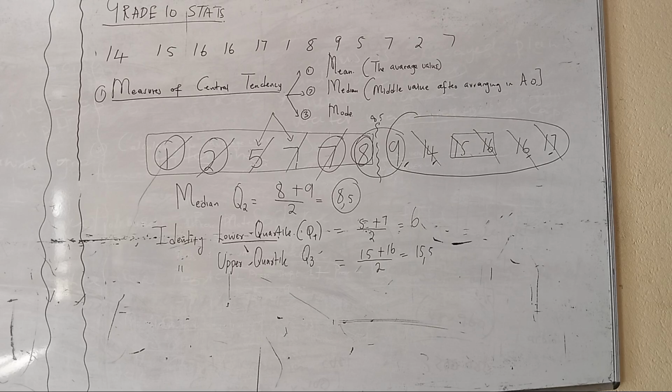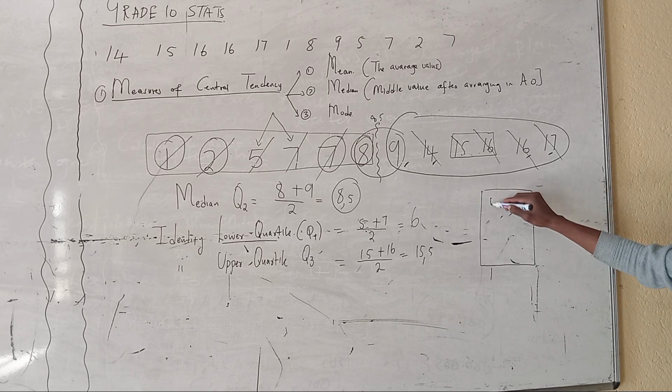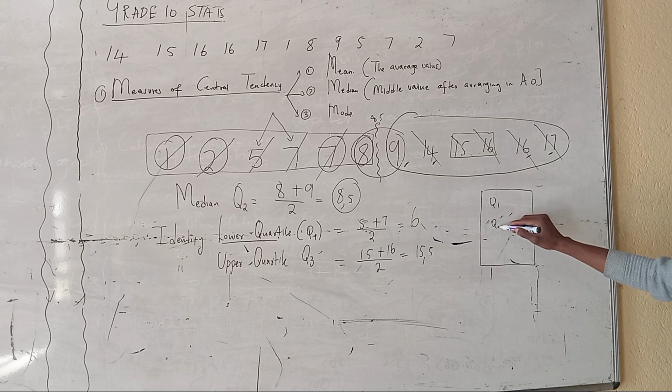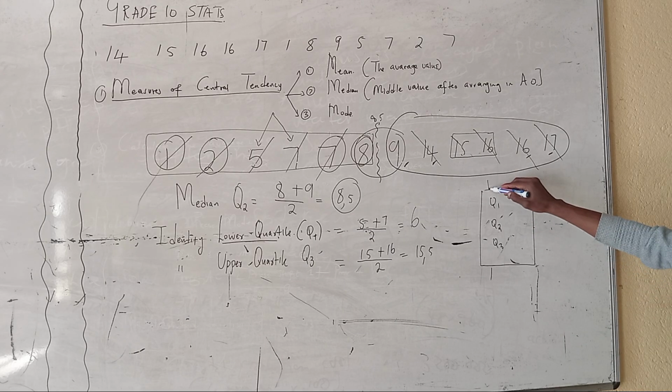Now, with this Q1, Q2, and Q3, we can talk about the 5 number summary. We have what we call the 5 number summary.